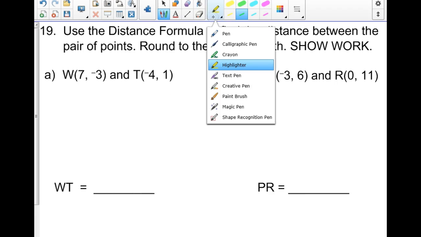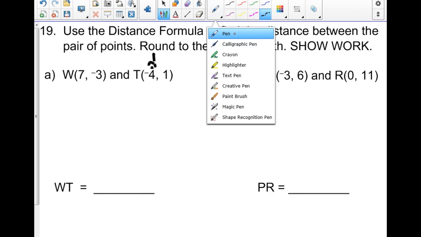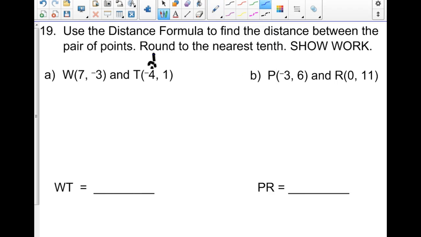Use the distance formula to find the distance between the pair of points. The distance formula is the square root of the difference in the x's, x2 minus x1 quantity squared, plus the difference in the y's, y2 minus y1 quantity squared.